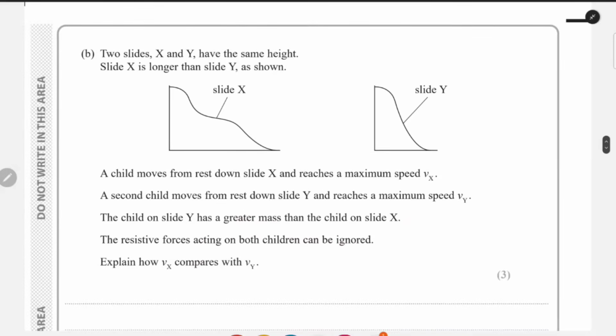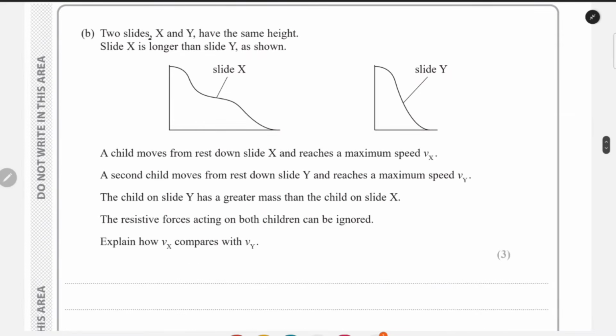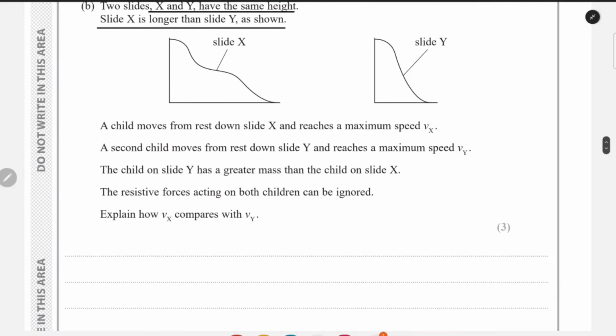Now moving to part B. We are given two slides, X and Y, which have the same height. Slide X is longer than slide Y. We are given that the child moves from rest down slide X and reaches a maximum speed of Vx, and the second child moves from rest down slide Y, reaching a maximum speed of Vy.